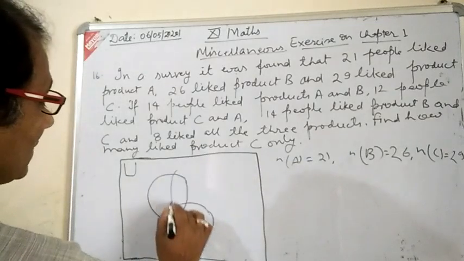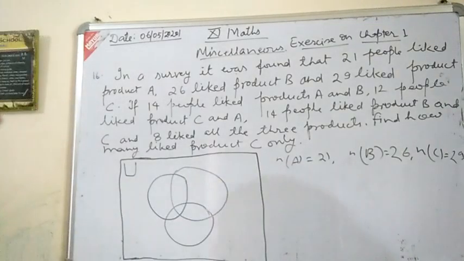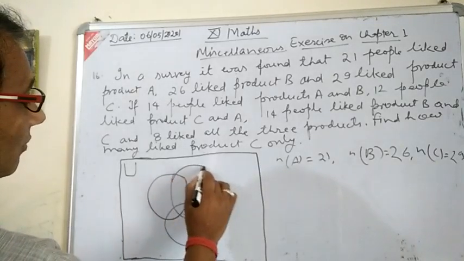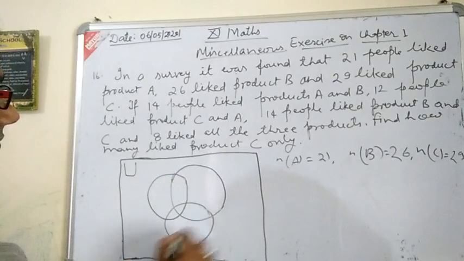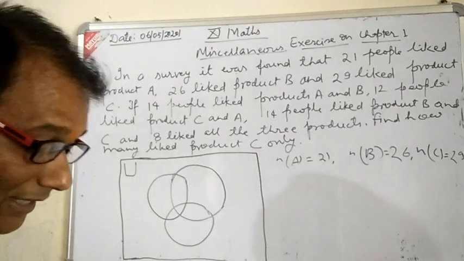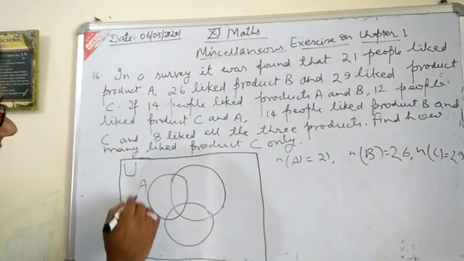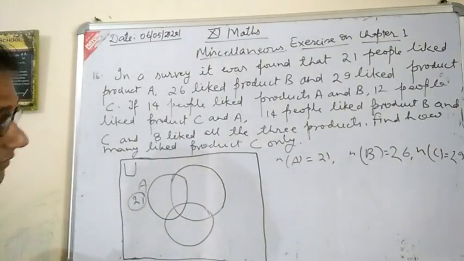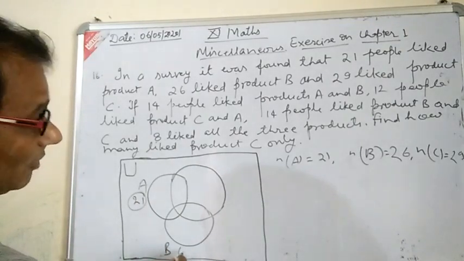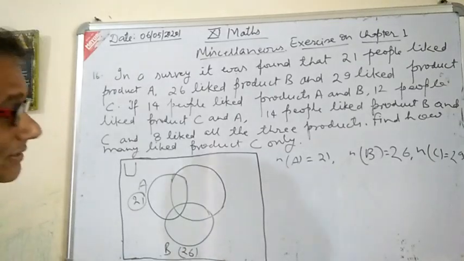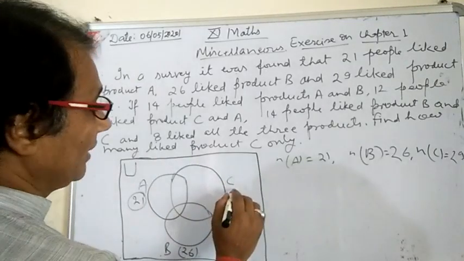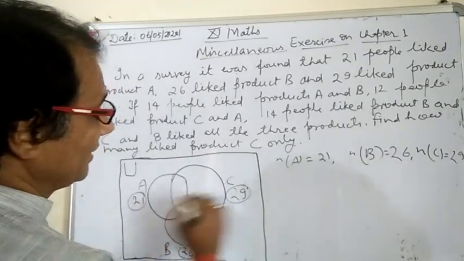And the third circle will denote the set C. All the circles will be of the same size; only the elements are different. This is circle A, or the set A, and the number of elements is 21 here. This is B, and the number of elements is 26 here. And this is set C, and the number of elements is 29 here.